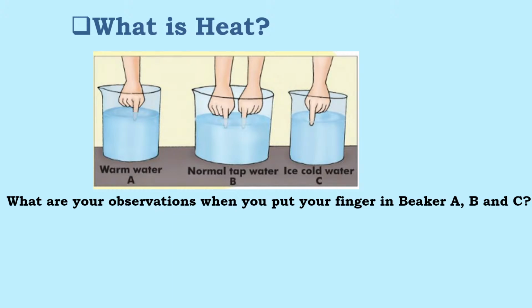You are not using your chat box, so please use it to give the answer, just like you used to use Google Meet for giving answers. In beaker A, I have put hot water. In beaker B, normal water. And in beaker C, ice cold water. What will be your observation in these three beakers? When you put fingers in these three beakers, what will you notice?